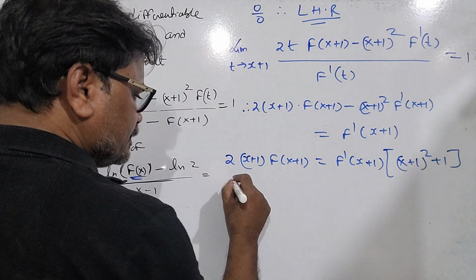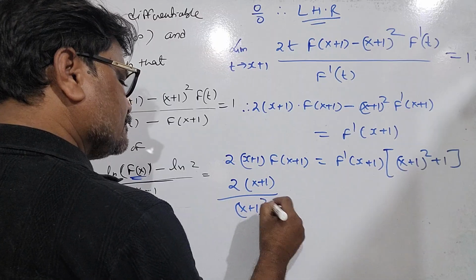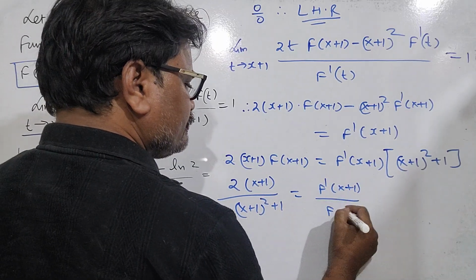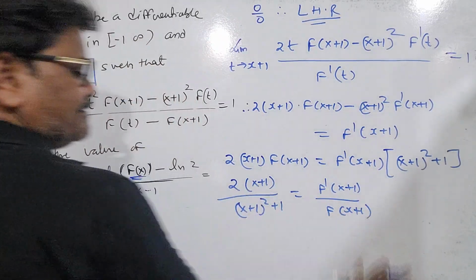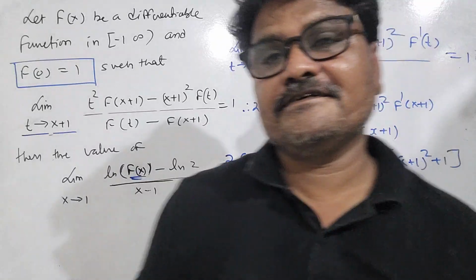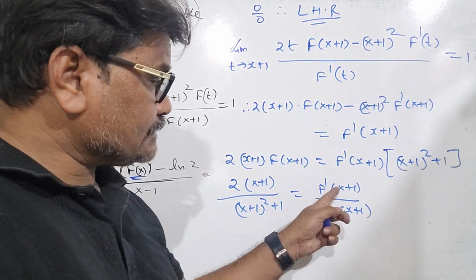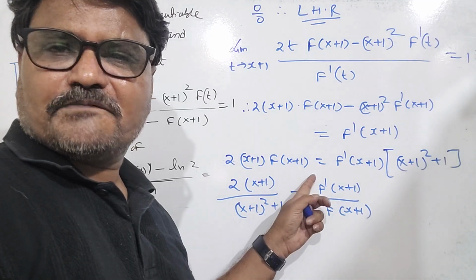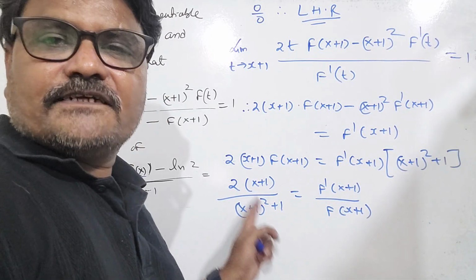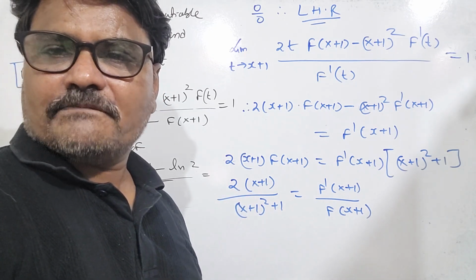So I can write 2 into (x+1) divided by (x+1) whole squared plus 1 is f dash of (x+1) over f of (x+1). This is your equation. Now from here we have to determine f(x). Can I replace this x plus 1 by x? No problem. This becomes f dash x, this becomes f of x, this becomes x squared plus 1, this becomes 2x. There is no harm.